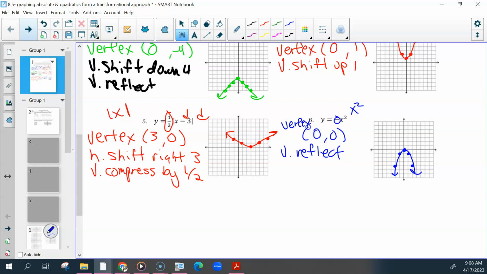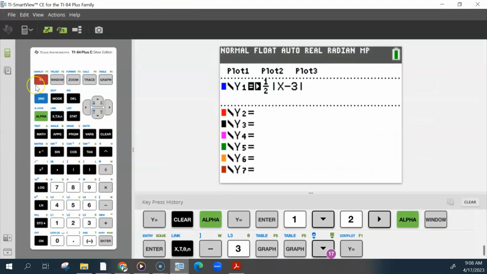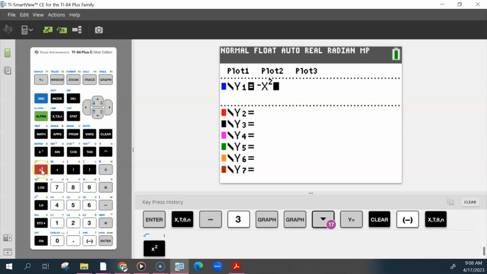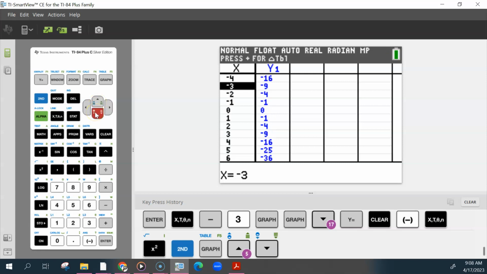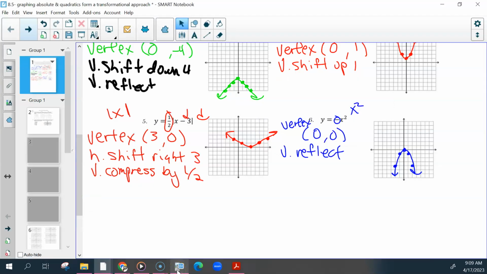And then I'm going to put it into the calculator to make sure we graph it correctly. Make sure you're using the negative, not the minus. We said our vertex was 0, 0, and then we have negative 1, negative 1, and 1, negative 1, and 2, negative 4, negative 2, negative 4, which are the points that match.